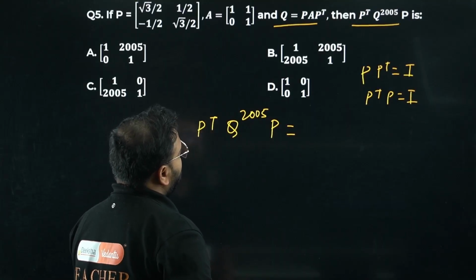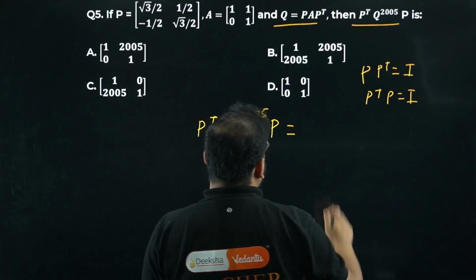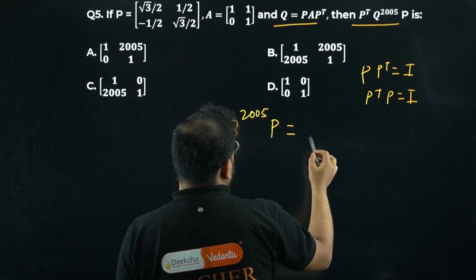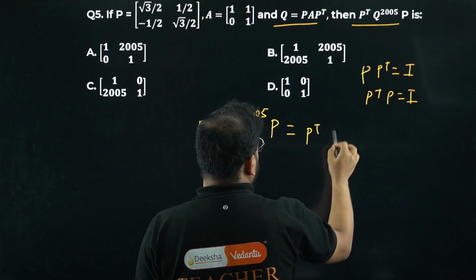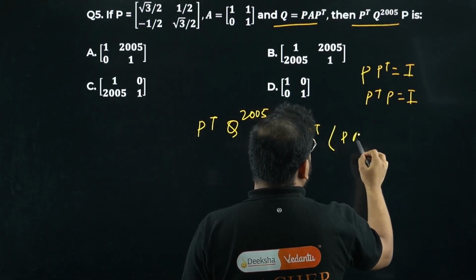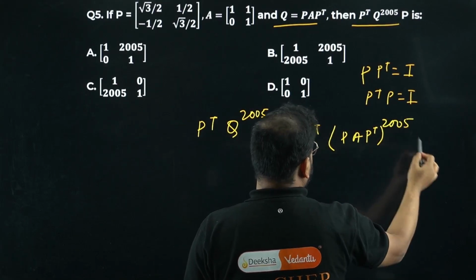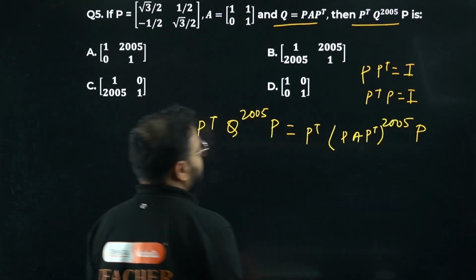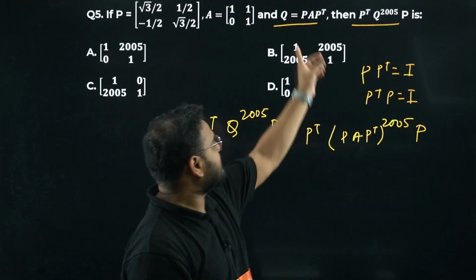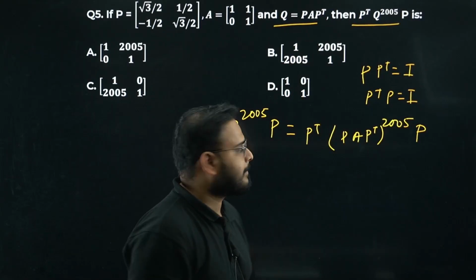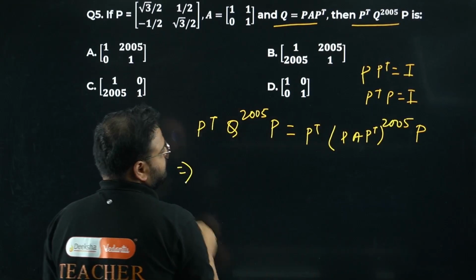What will I get? I can change this: P transpose as it is. For Q, I'll write P transpose, Q power 2005, and P. So I will replace this Q value by the Q value they have given. Now have a look. From here I'll start.